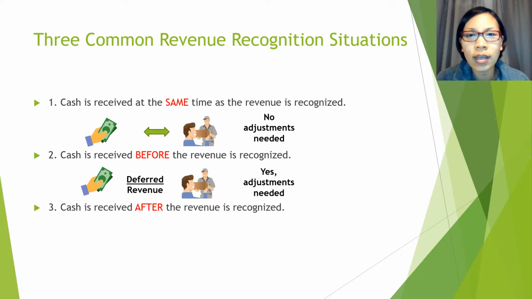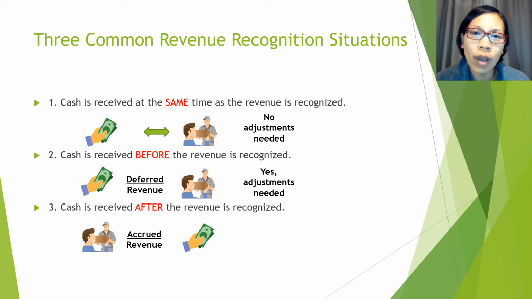The third case is when cash is received after the revenue is recognized. In this case, you will have what is called accrued revenue, because you will record the revenue in the current year, but the cash will be received in the following year, and there will be adjustments needed.